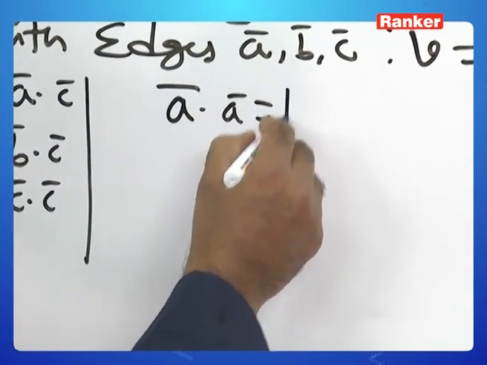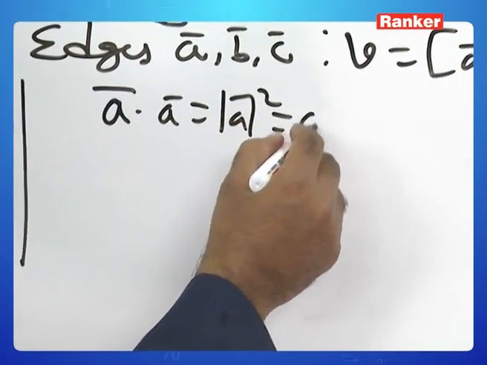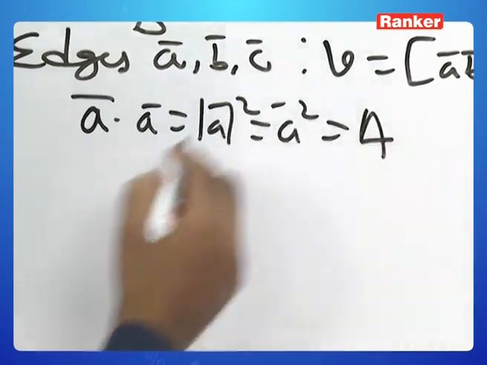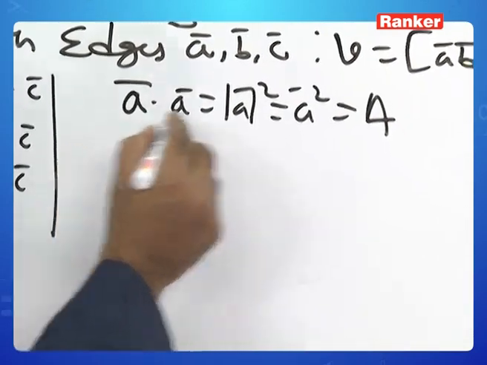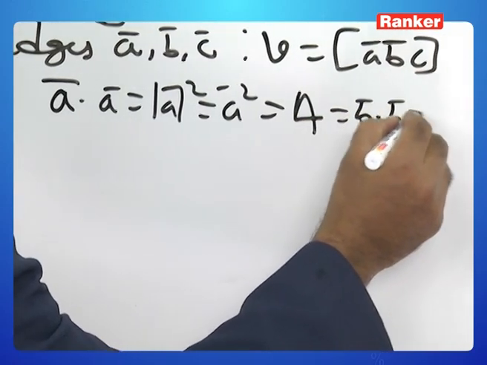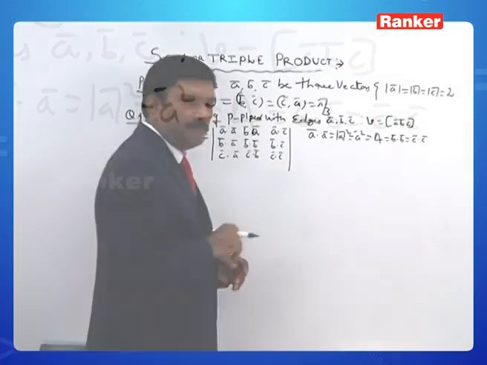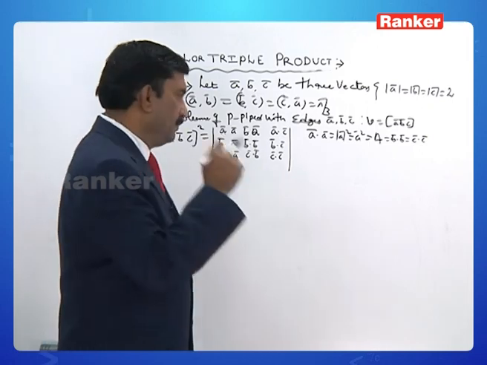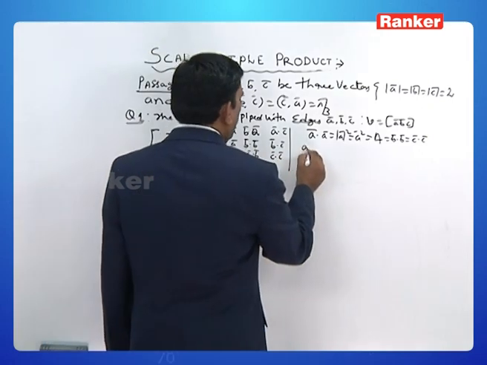Now, let us find out what A dot A is. A dot A is equal to mod A whole square, which is 4. B dot B and C dot C are also 4. Meanwhile, what is A dot B?